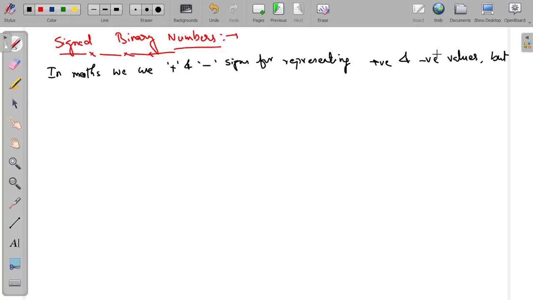But in computer hardware, the bits themselves are used for representing the sign.